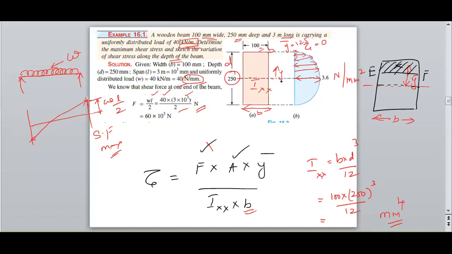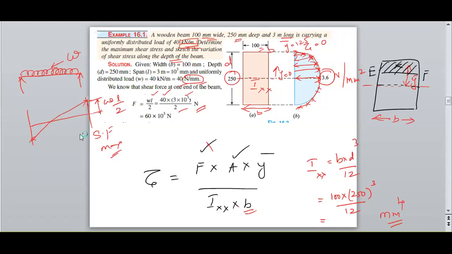At y equal to 0, we get the maximum shear stress. Using these points, draw the shear stress distribution. It will be symmetric about the neutral axis.